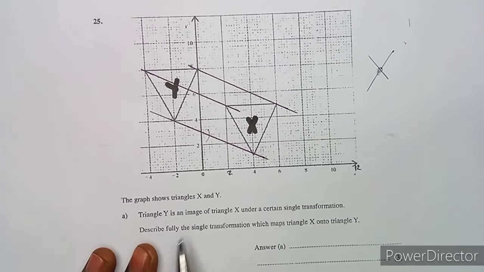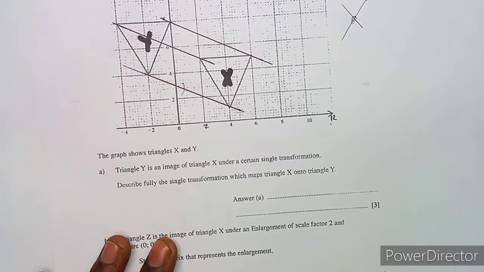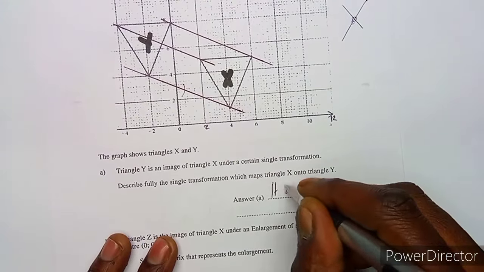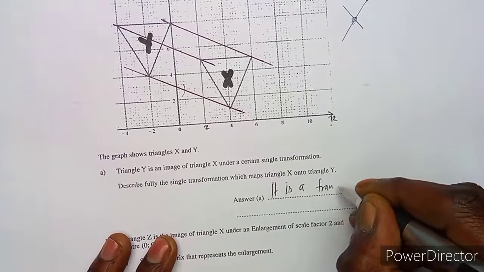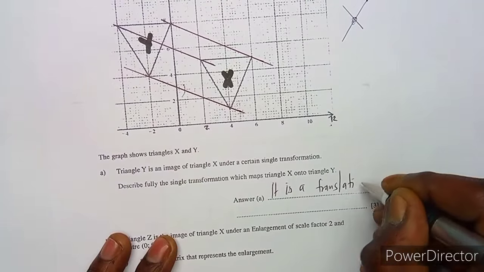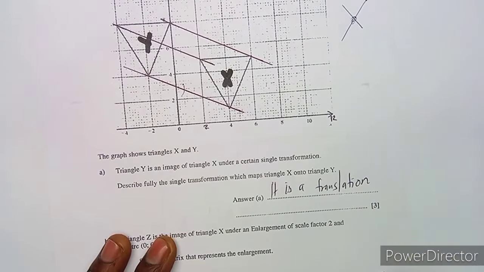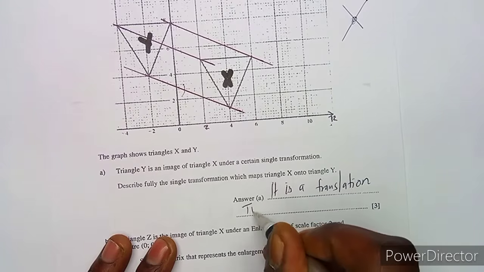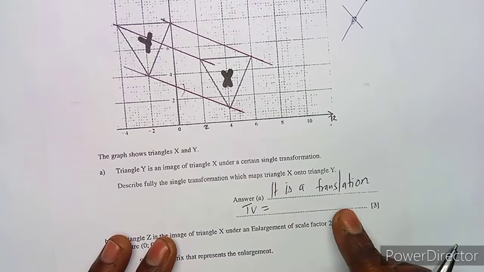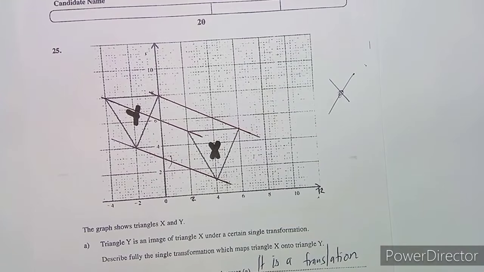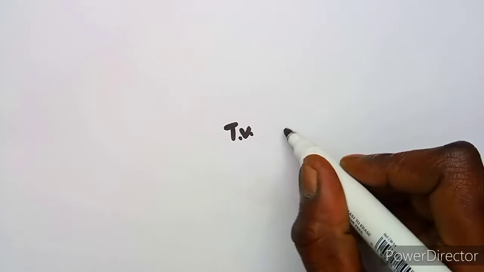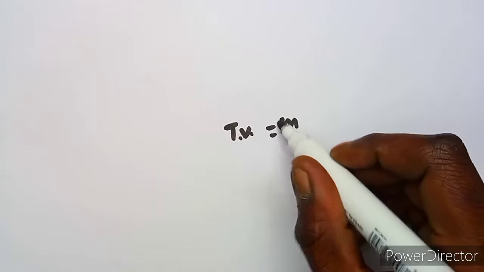So we are left with translation only. Whenever you're working with translation, you need the translation vector, which is image minus object.